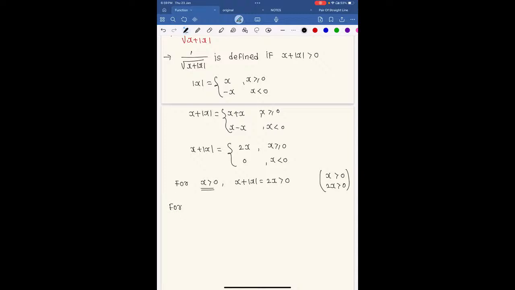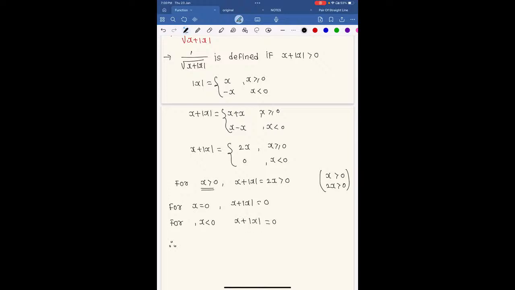Now for x is equal to 0 साठी चेक करू आपण जर x is equal to 0 असेल so x plus mod of x काय होऊन जाईल इथे बघा x is equal to 0 साठी त्याची व्हॅल्यू येणार आहे 2 into 0 so 0 होऊन जाईल. So x plus mod of x becomes 0 but we want x plus mod of x strictly greater than 0 so x is equal to 0 आपल्या सोल्युशन मध्ये नाही येणार. Now for x is strictly less than 0, x plus mod of x, काय आलं याची व्हॅल्यू अगेन 0.